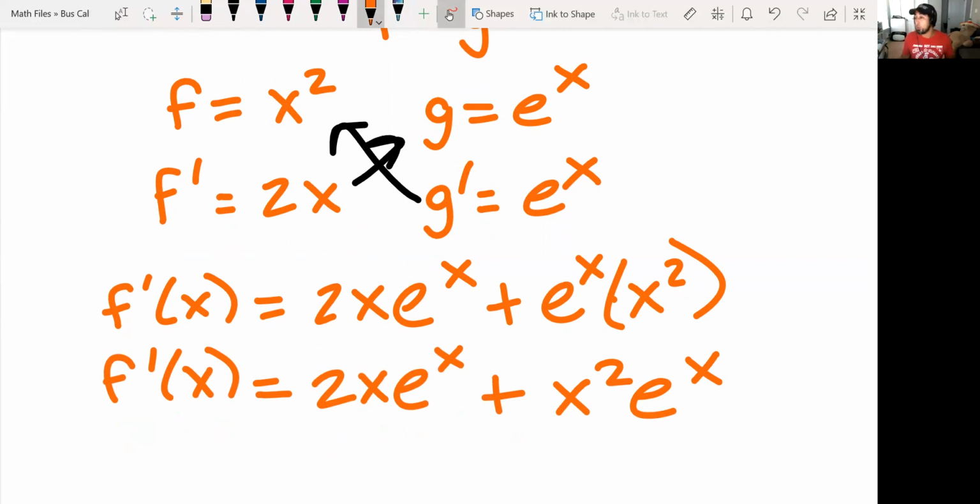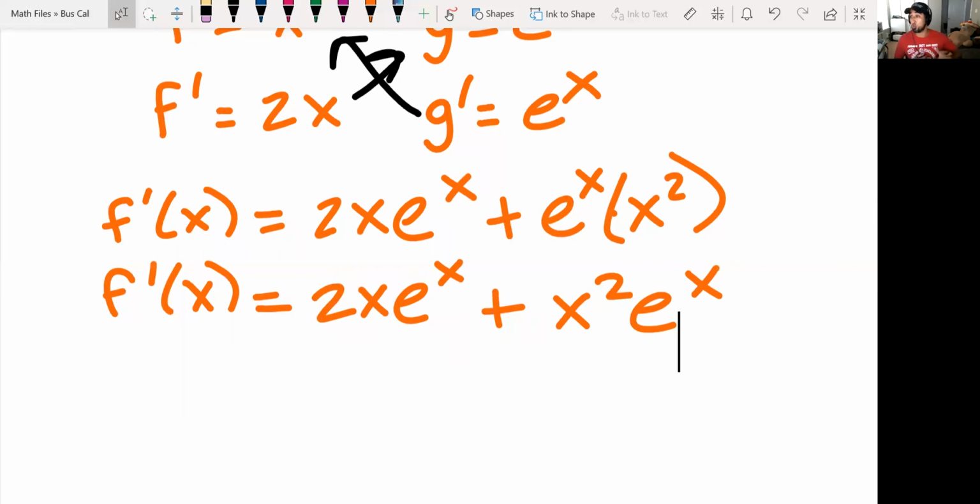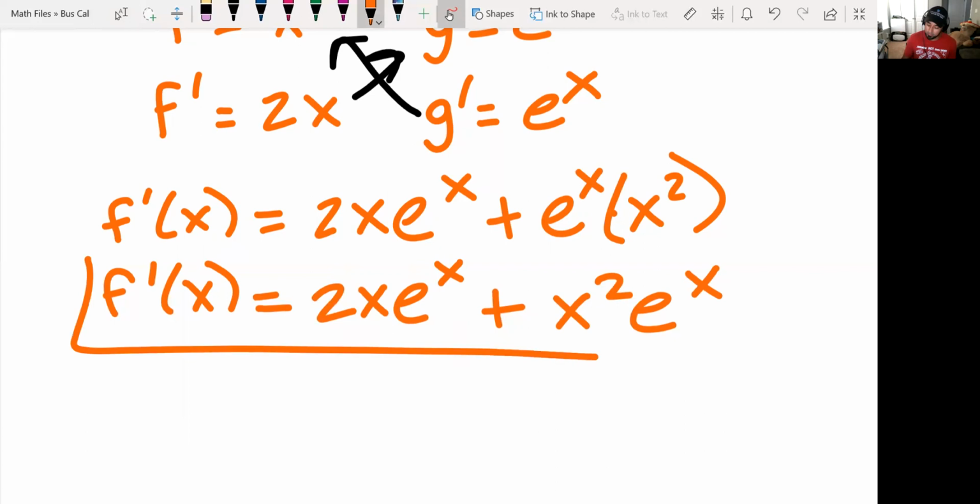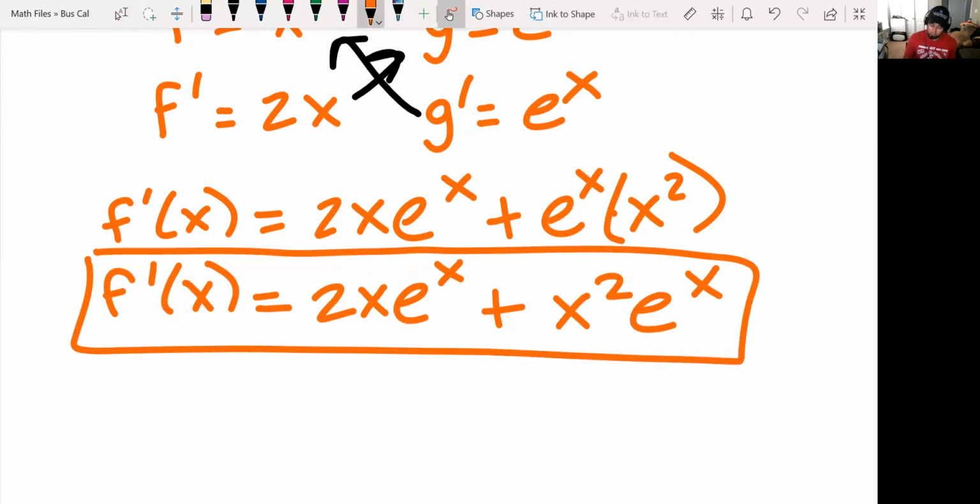I mean, there is one more thing you can do. If it does ask you to super simplify, then you just have to notice the common factors. And the common factors are x and e to the x. So this could be an answer if you were told to factor.